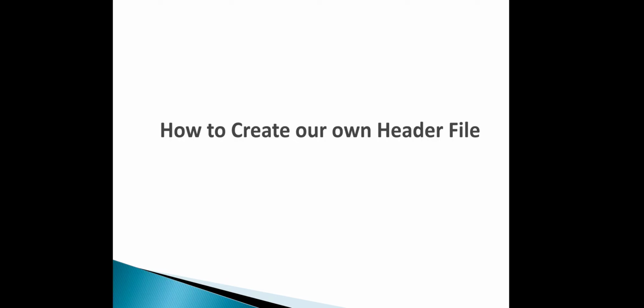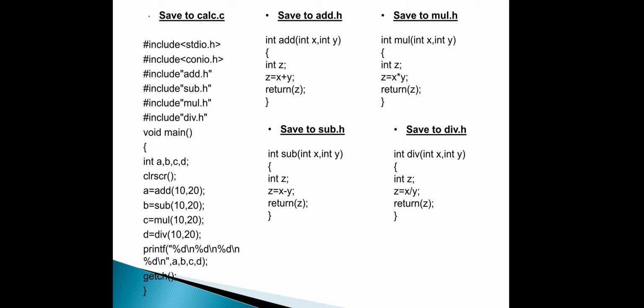And we will see how to create our own header file. For example, we have a program named calc.c, and we also have four functions: add, subtract, mul and div.